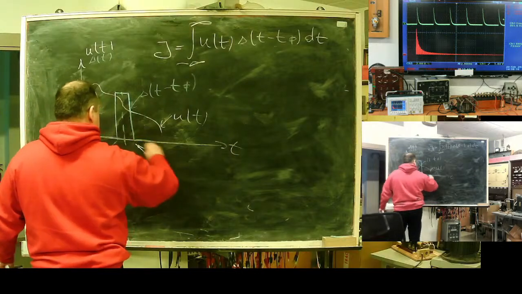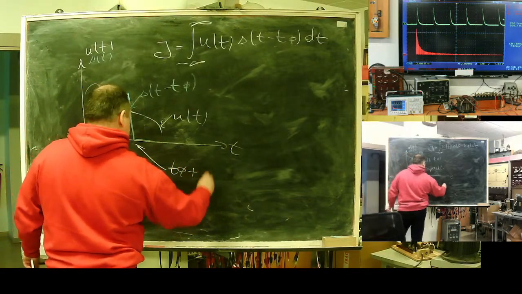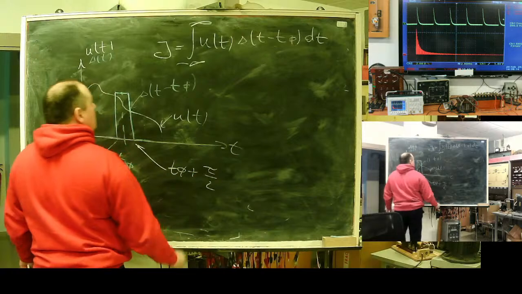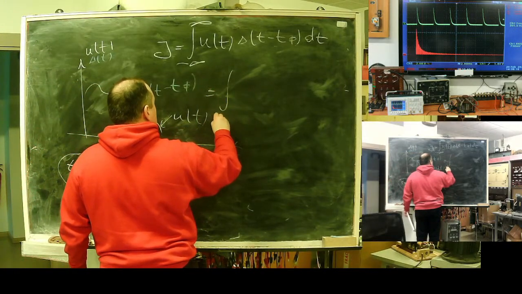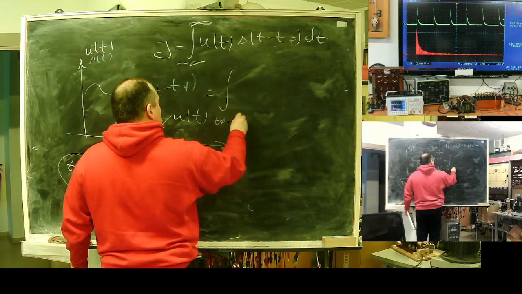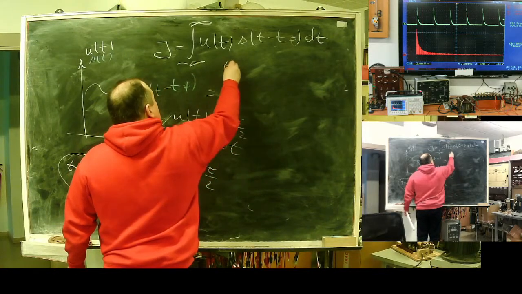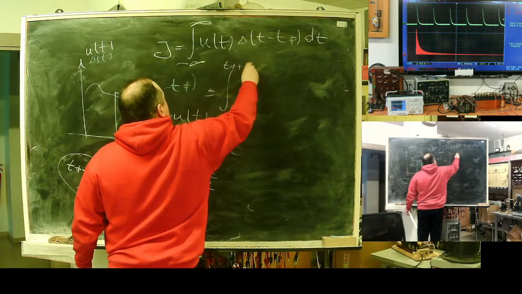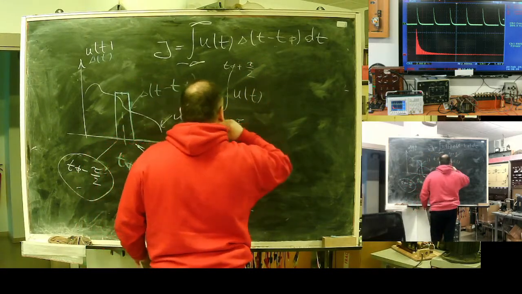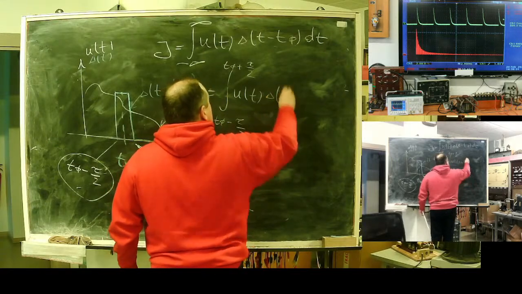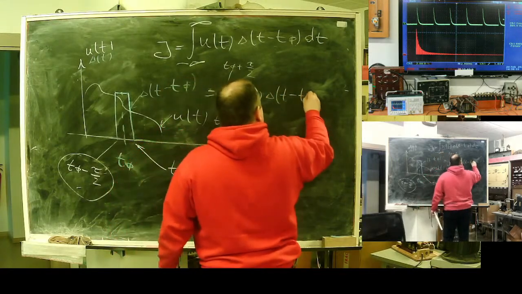And after this point, 0. So I need to integrate only from T0 minus tau by half to T0 plus tau by half.